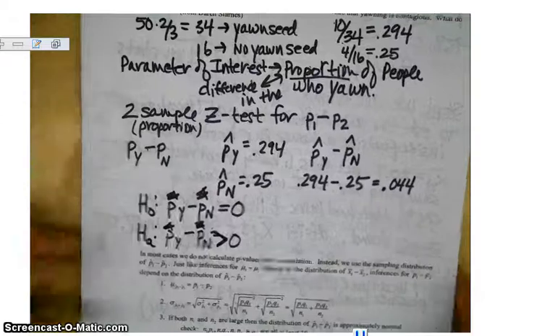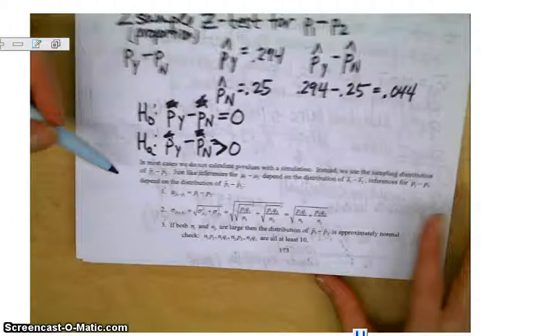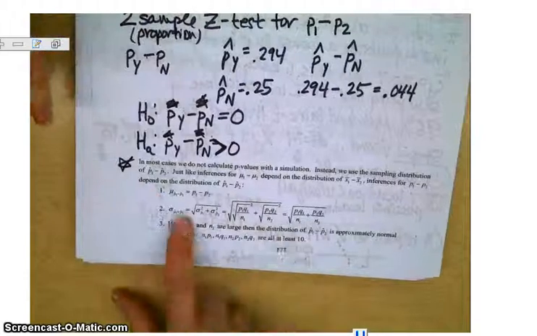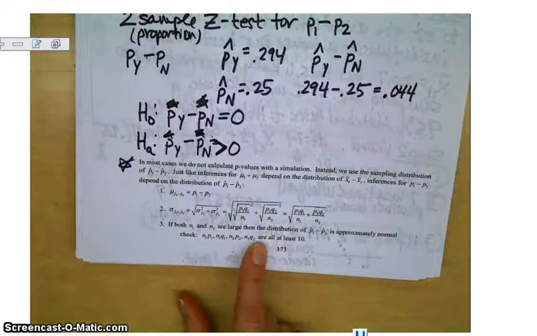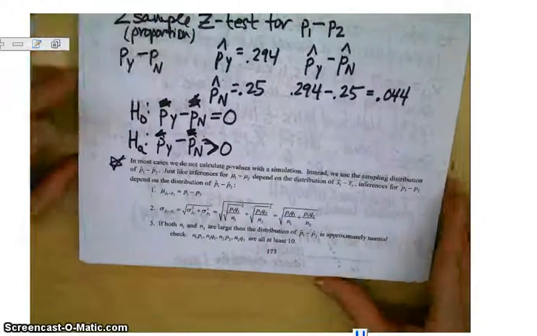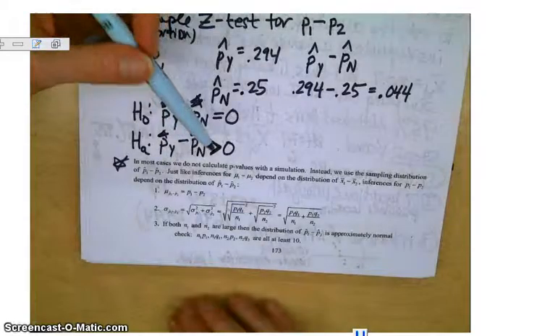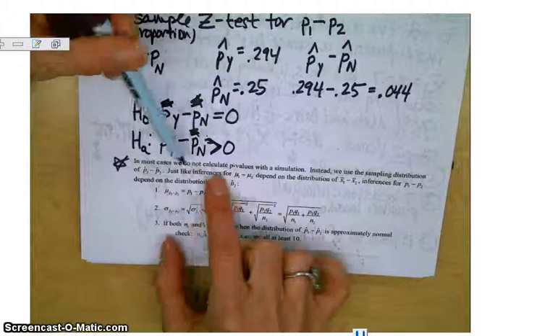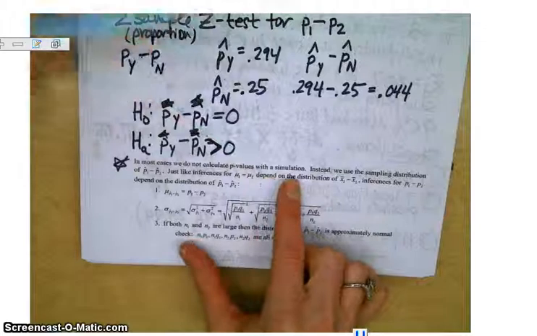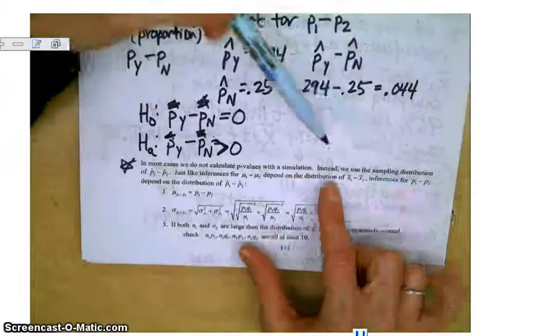So, the test is actually all done for us on the next page. We're just going to go through the formulas and where they come from, and we'll review those. These are the formulas for the mean and standard deviation. In most cases, we do not calculate p-values with a simulation. We didn't; I just opted not to do the simulation here.